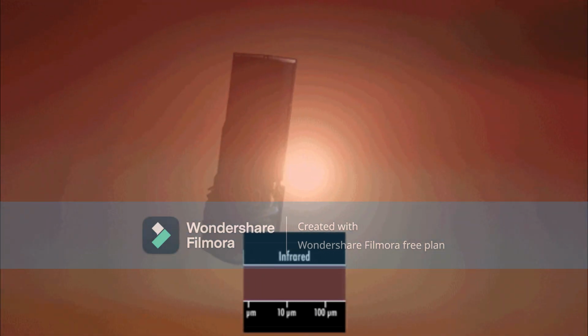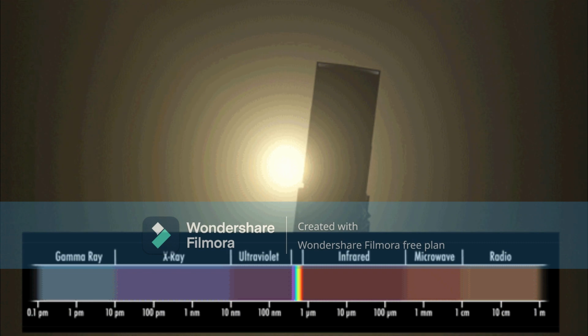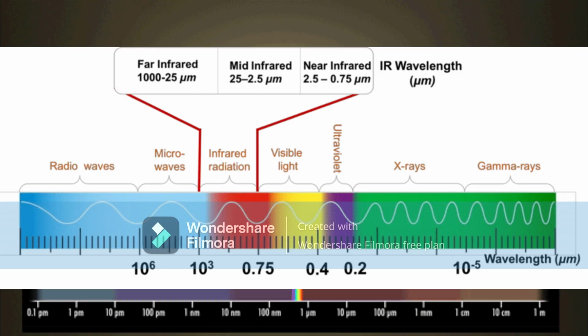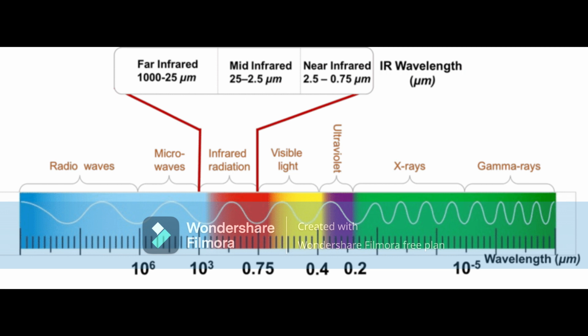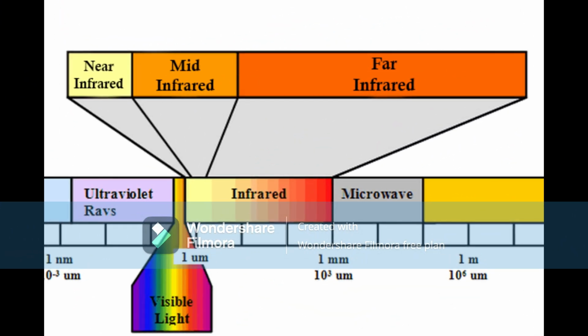Section 1: Introduction to infrared spectroscopy. What is the infrared region? The infrared radiation lies between the visible and microwave portion of the electromagnetic spectrum. Infrared waves have a wavelength longer than visible and shorter than microwave, and have frequencies that are lower than visible and higher than microwaves.